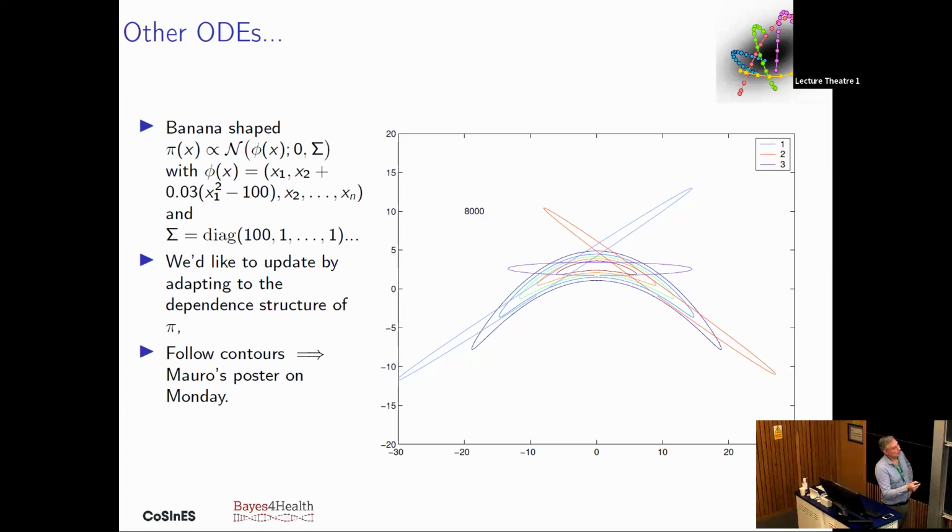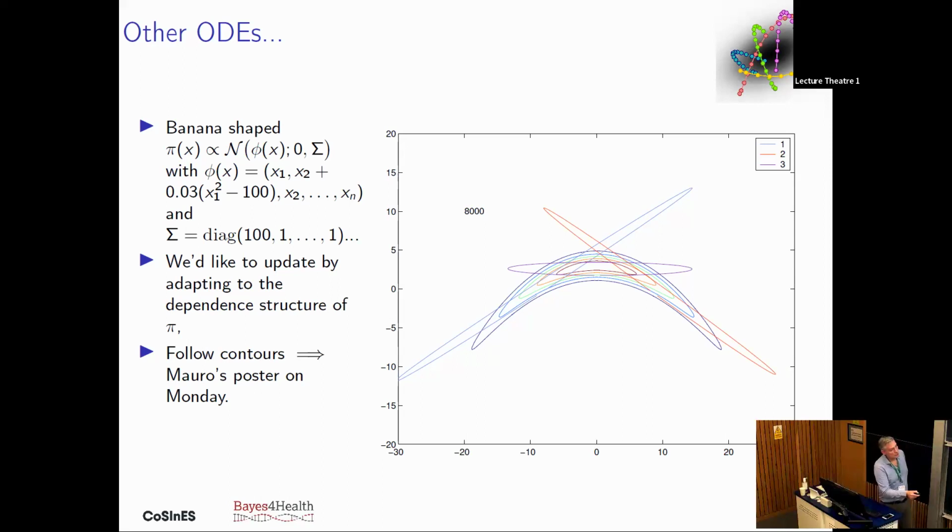You see there's a non-linearity on the second component that you inject in a normal probability density. Let's consider the scenario where the dimension is d equals 2, so we only consider the first two components.